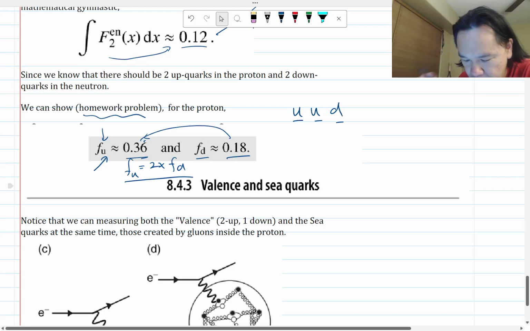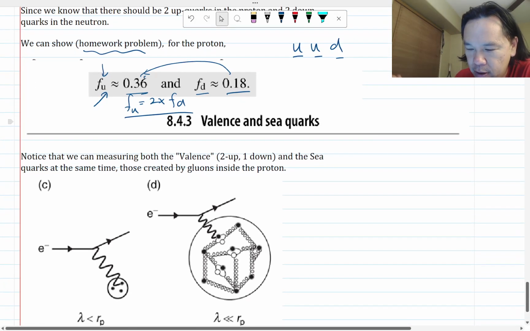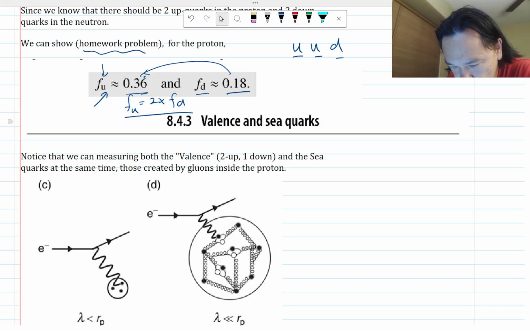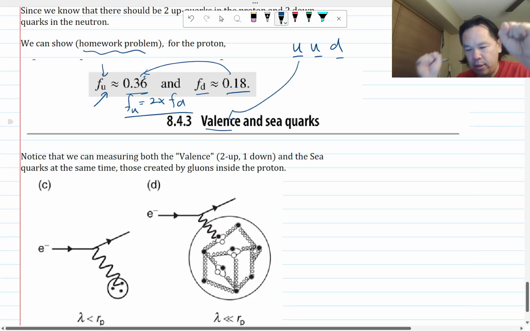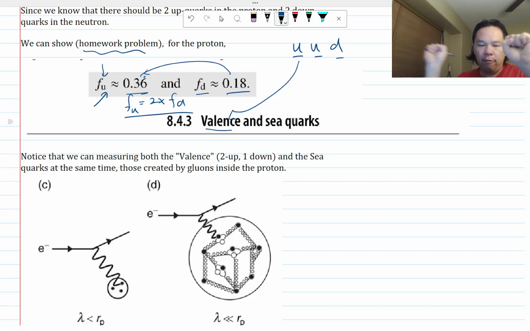And these numbers are measured to such high precision that we know the constituents inside the proton are two up quarks and one down quark. These are known as the valence quarks. Valence quarks meaning they exist in real life all the time. So no matter what's happening inside a proton, there are always going to be two up quarks and one down quark.